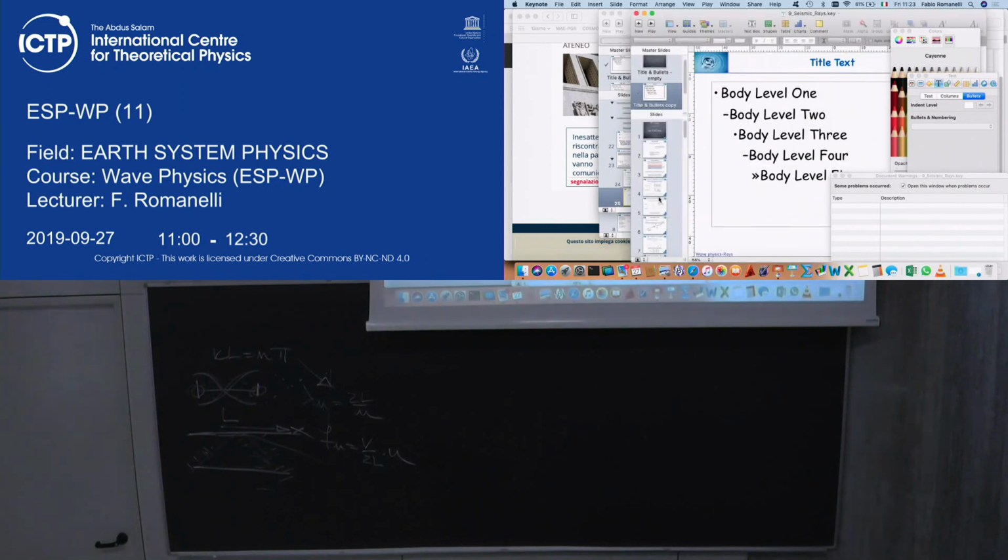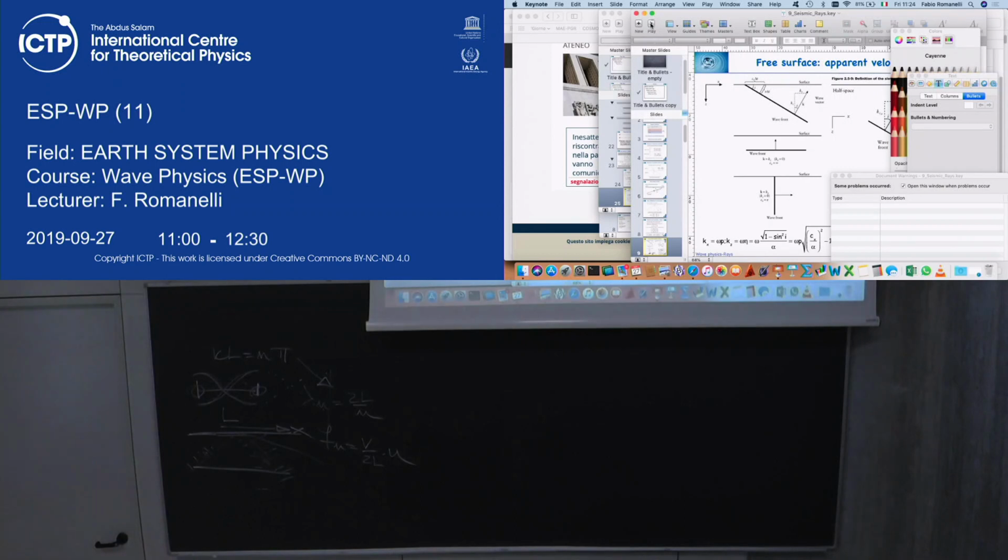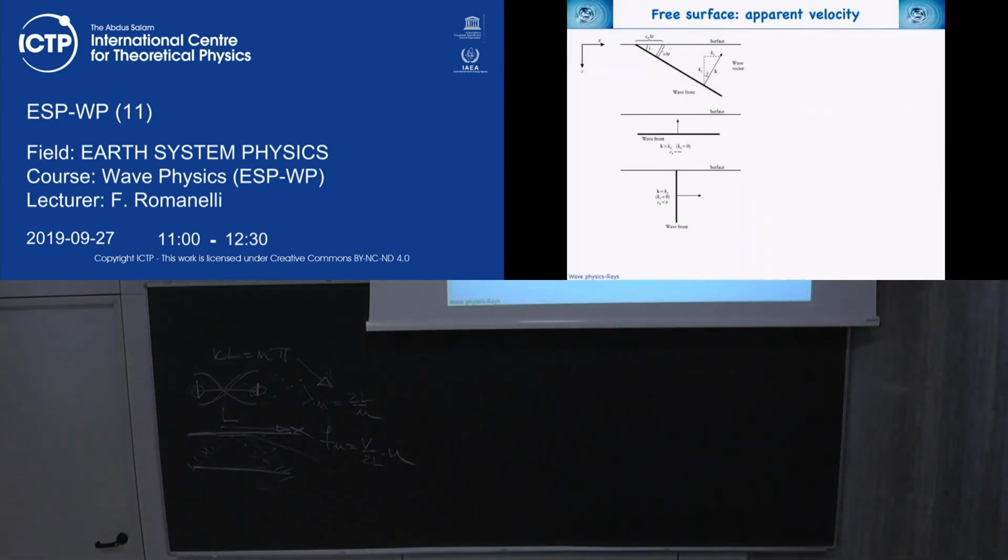So let me open it. Okay. You remember? And I told you, let's imagine that we are sensors and we are measuring horizontal apparent velocity. We take clocks and we measure the time necessary for information to travel from me to you.